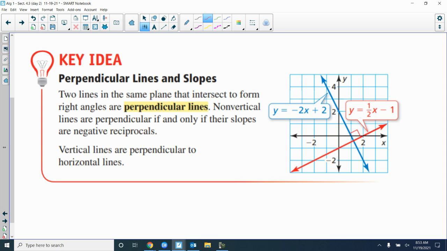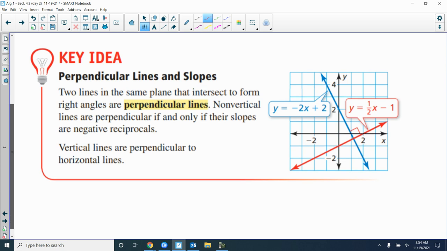Non-vertical lines are perpendicular if and only if their slopes are negative reciprocals. Do you have any idea what that means? Negative reciprocals. Basically, like flipped fractions. And the negative means one of them's positive and one of them's negative.